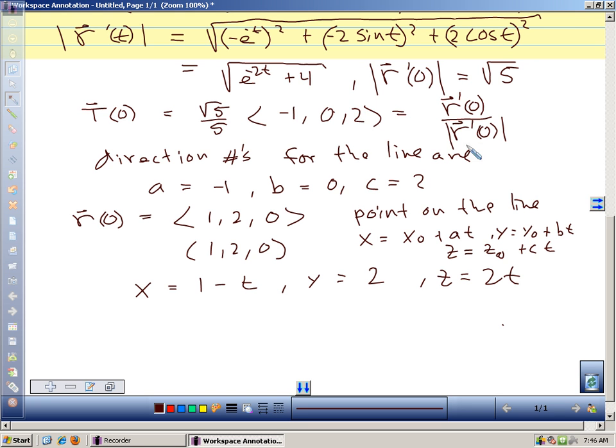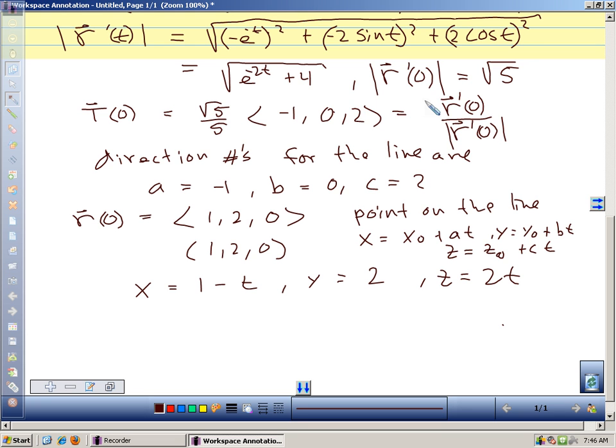We'll use a unit tangent vector in just a minute to calculate our unit normal vector. And we'll use the unit tangent vector when we talk about the normal and the tangential components of acceleration, because we're going to break our acceleration into two components, one that's tangent to the direction and one that's normal to the direction of motion. That's when we'll use it. I just did it just to do it.